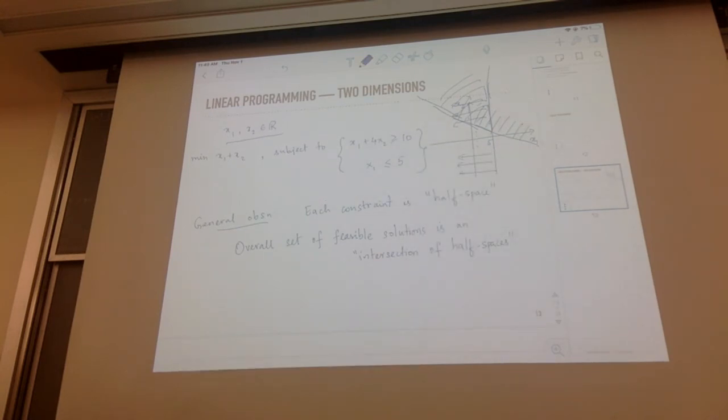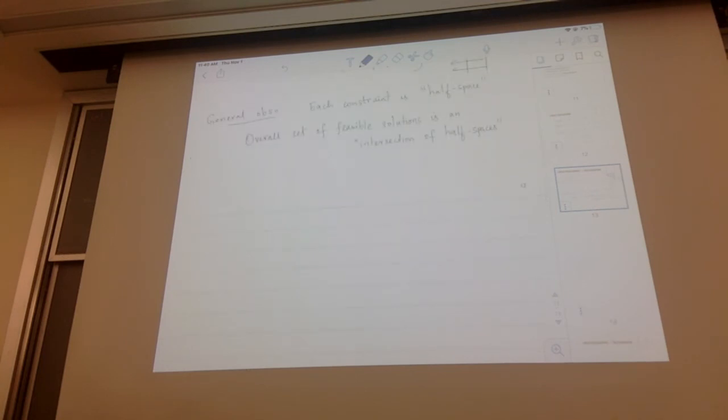Let's say this is your axis, and maybe you have an object like this that is the intersection of all the half spaces. Let's say this is your feasible set.